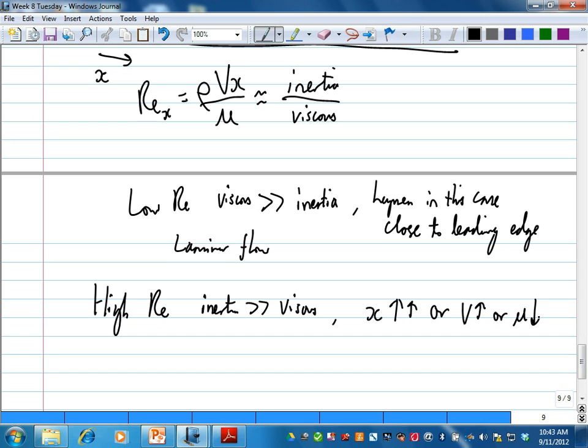Then we get what you call turbulent flow. In a lot of cases the flow will become turbulent because the Reynolds number is normally very big.